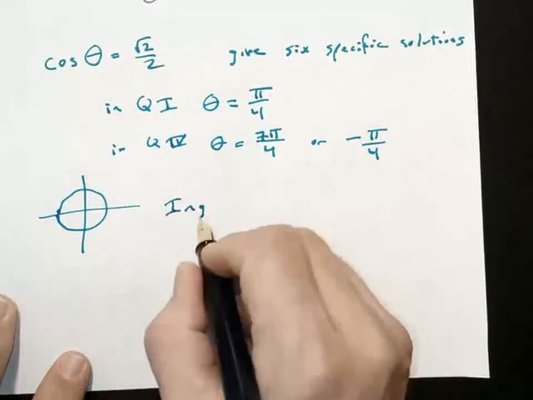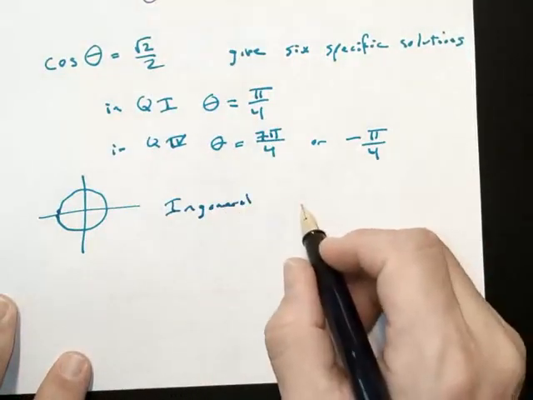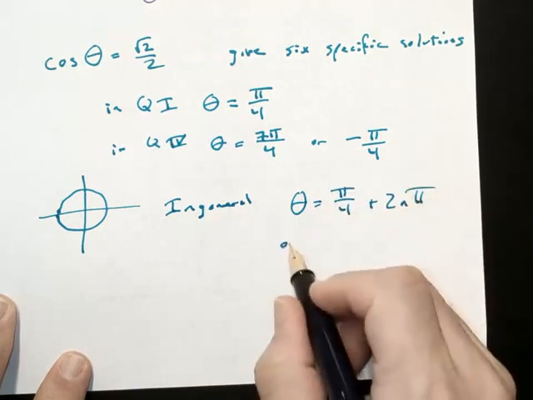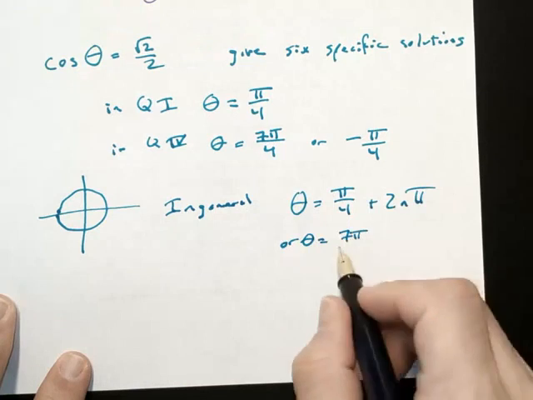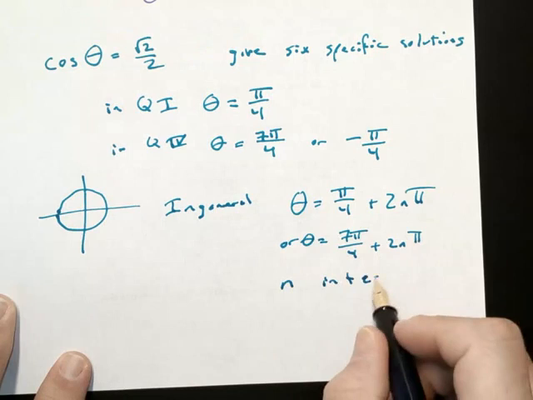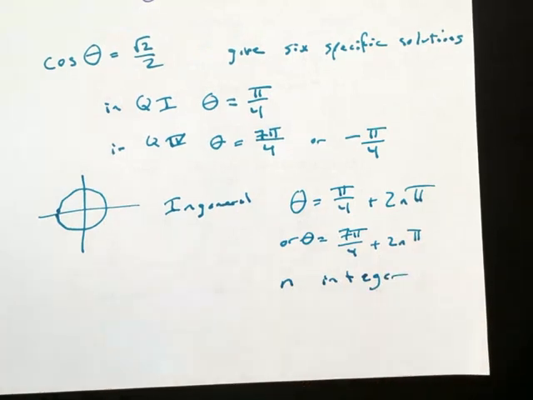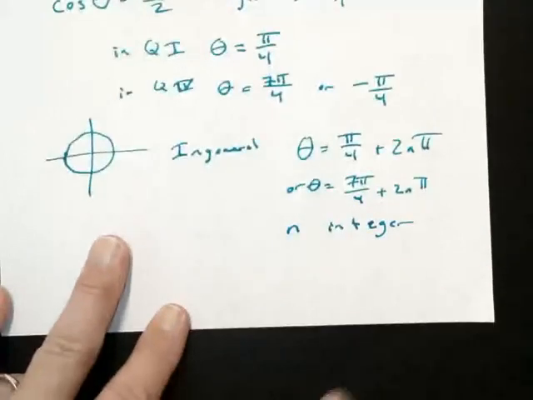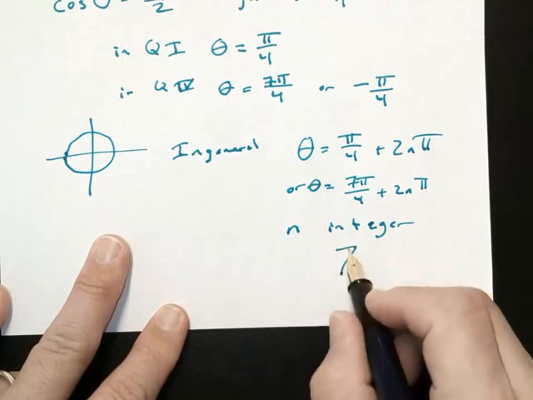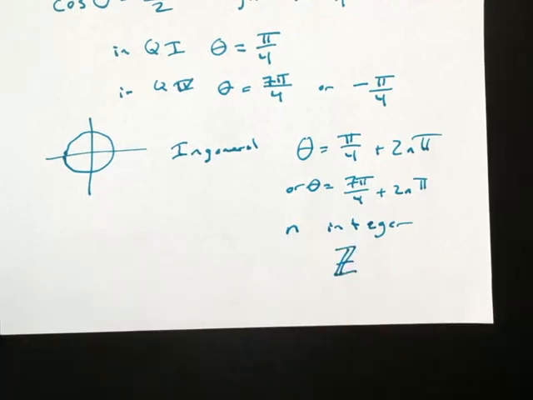Here, it says, in general, pi over 4 plus 2n pi, or 7 pi over 4 plus 2n pi, n an integer. Oh, I'm going to give you a shortcut. Instead of writing out the word integer each time, the symbol for the integers in math speak is this funky font Z. That's called a blackboard bold font because we don't have bold-faced pens.